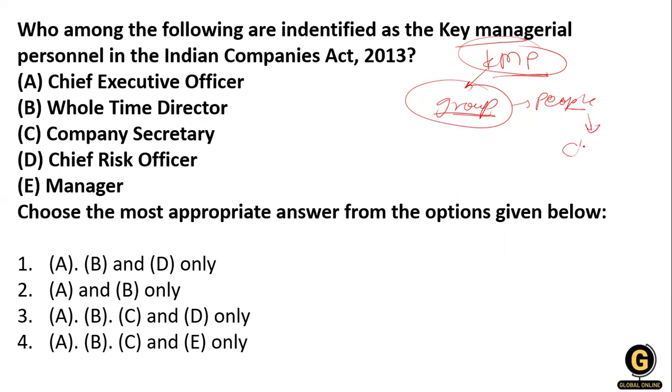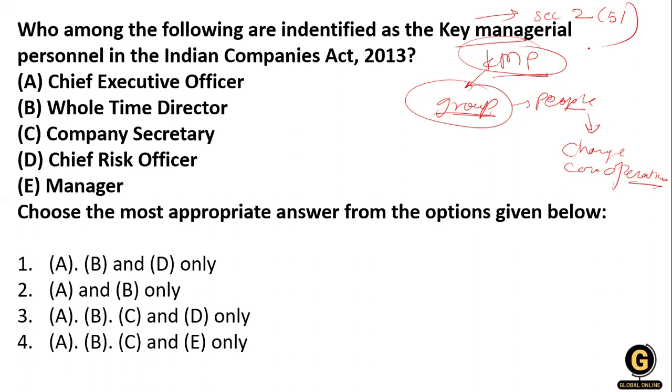They are responsible for the smooth functioning of the company, and they are employees vested with certain essential functions and roles. This is the KMP, given in the Companies Act 2013, under Section 2, subsection 51, that is 2(51). Clear?